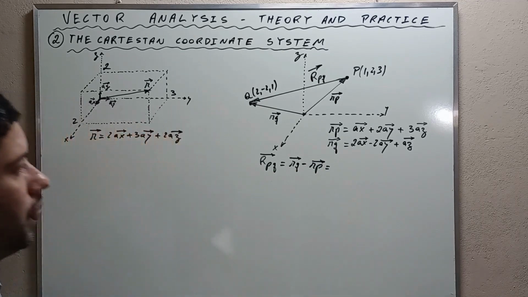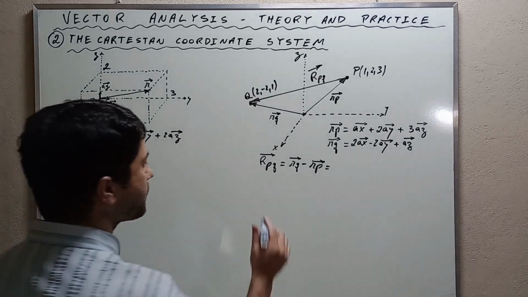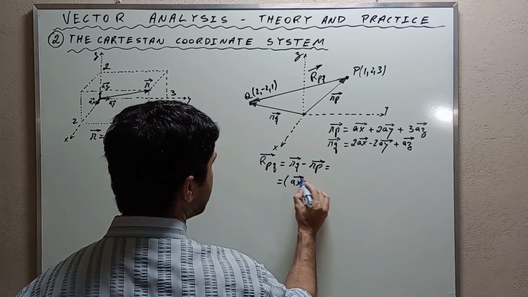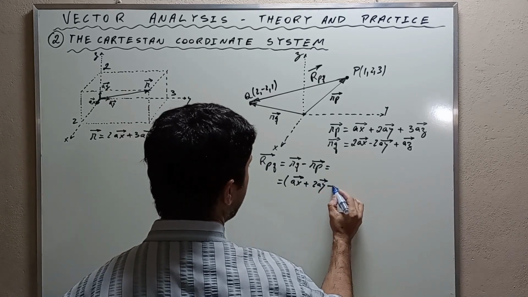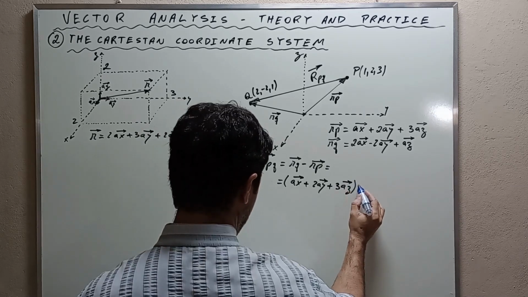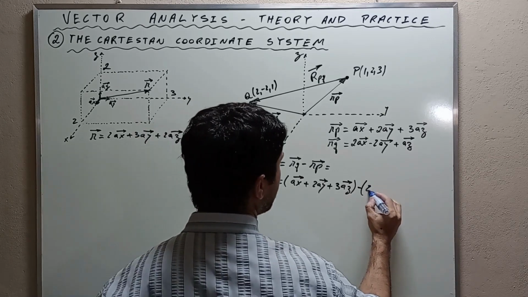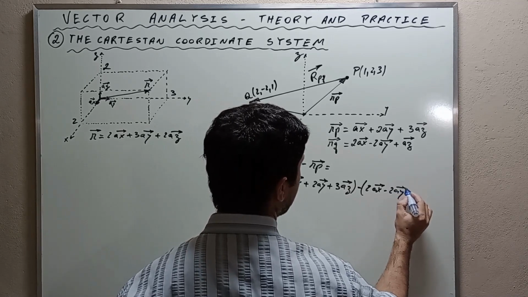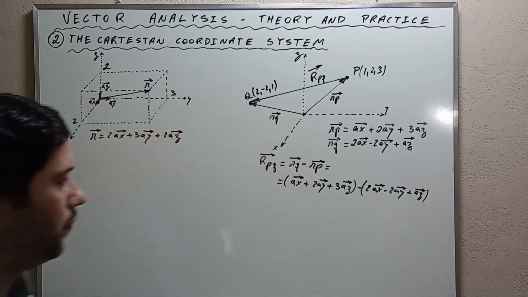And in this way, we simply subtract the vectors. It is going to be ax plus 2ay plus 3az minus 2ax minus 2ay plus az.